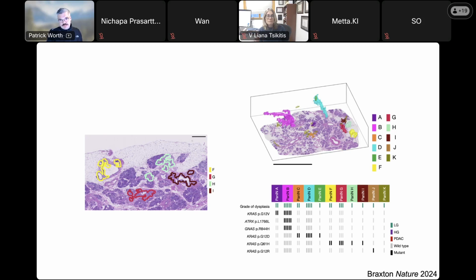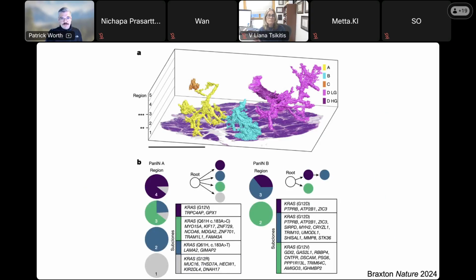One of the really striking findings here as well was that within these PanINs, we had a whole array of KRAS mutations as well, and so a big diversity of precursor lesions and potential mutations in these premalignant regions.